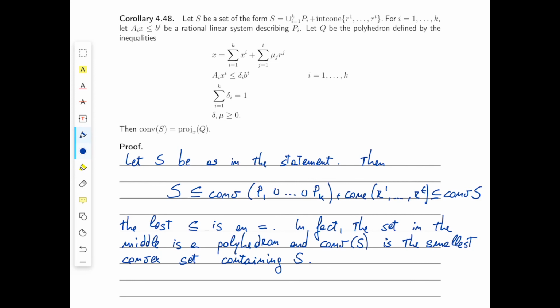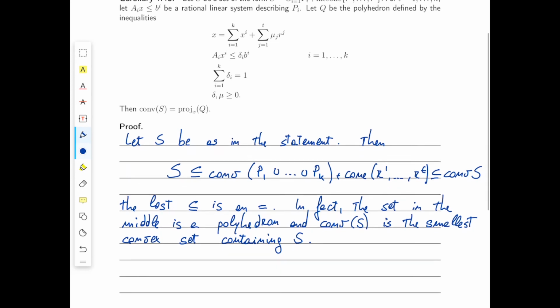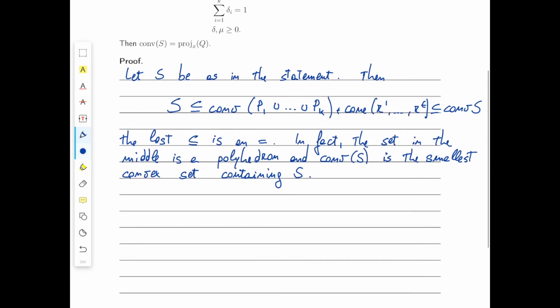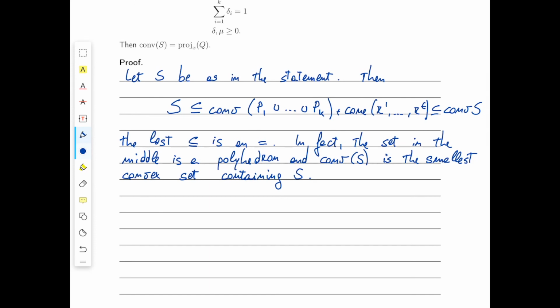Great. So now the rest of the proof proceeds somewhat similarly to the second part of the previous theorem we've proven. So essentially, we use Balas' theorem to write down a description of such conv of P1 union Pk, which we know very well how to do due to Balas, and then on top of that, we add at the end the cone. So let's start.